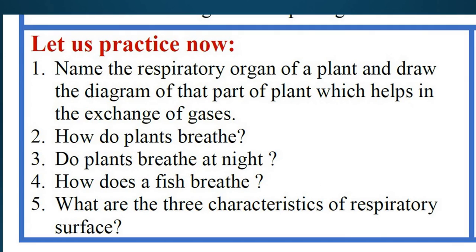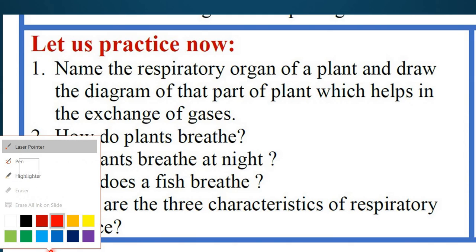Now coming to our next part. If these are the question answers: name the respiratory organ of the plant and draw the diagram of the part of the plant which helps in exchange of gases. Now we can say that stomata in the leaves are the respiratory organ of the plant.